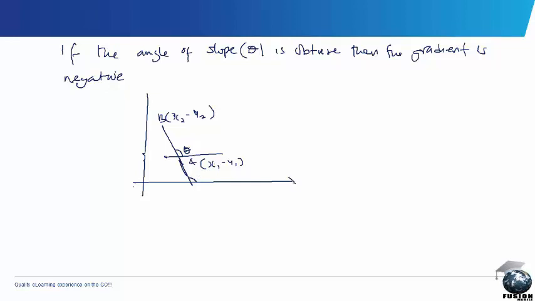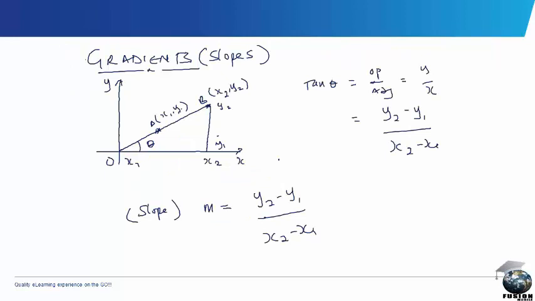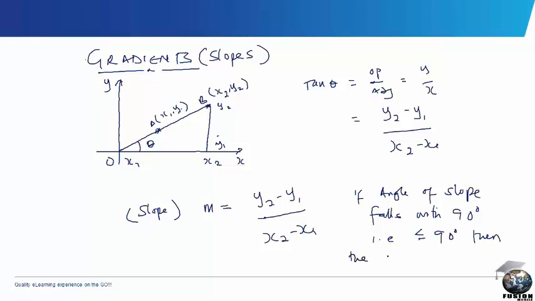These are things we had to know about the gradients of a curve. But if the angle of slope falls within 90 degrees, that is, less than or equal to 90 degrees, then the slope of the curve will be positive.